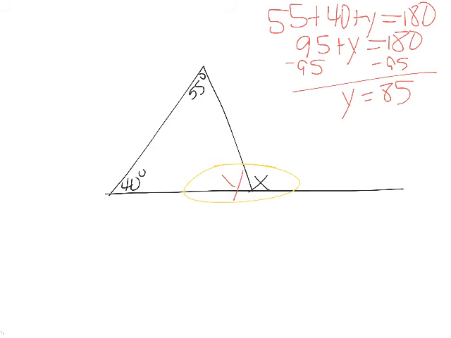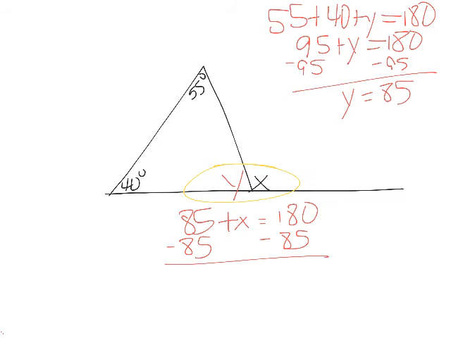Now these two together equal what? They also equal 180 because they're supplementary. They make a linear pair. So 85 plus x is equal to 180. Subtract 85. And 180 minus 85 equals 95.